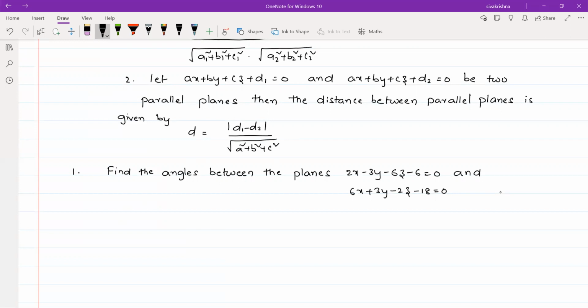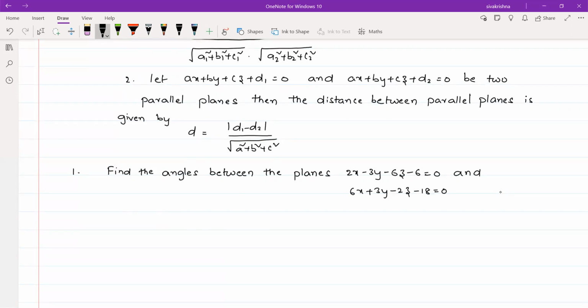Please understand carefully that here we have to find the angles. It means there are two angles we have to find. One angle is by using the formula cos theta is equal to a1 a2 plus b1 b2 plus c1 c2 by root of a1 square plus b1 square plus c1 square into root of a2 square plus b2 square plus c2 square.